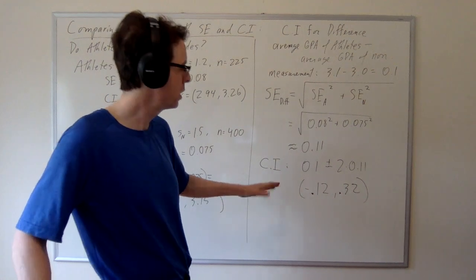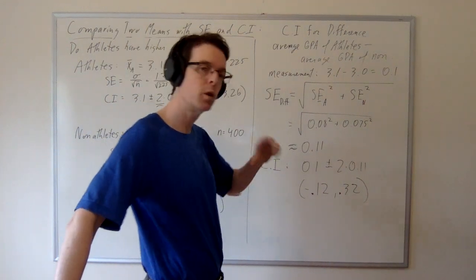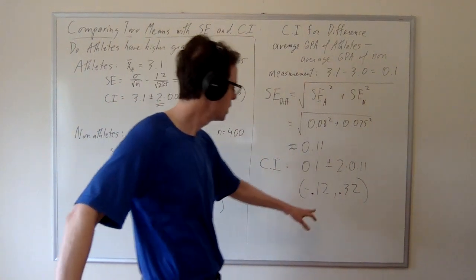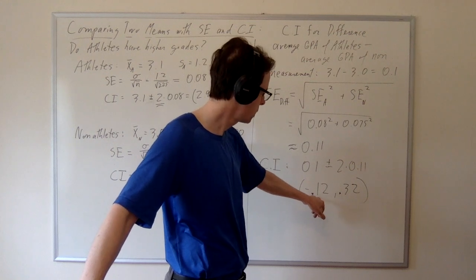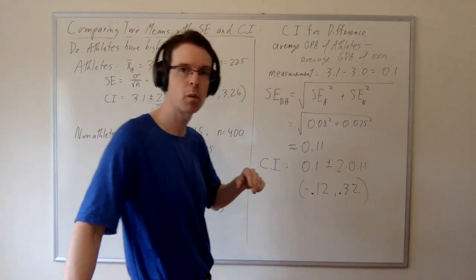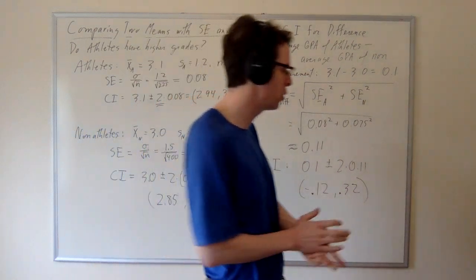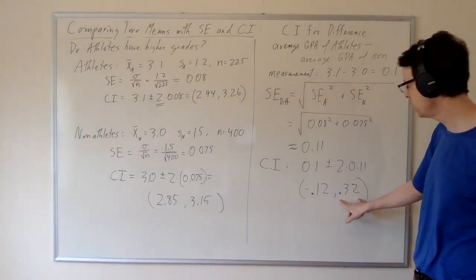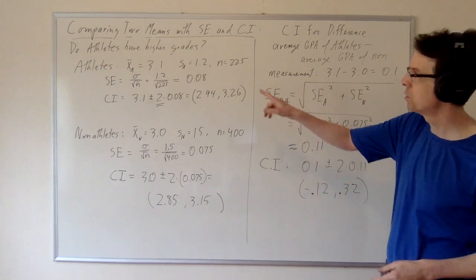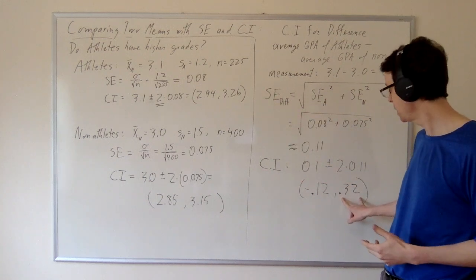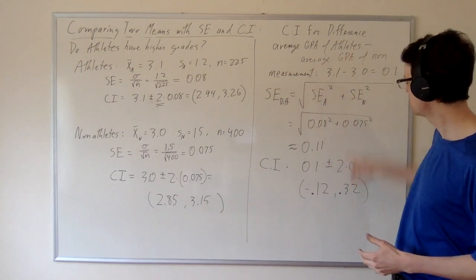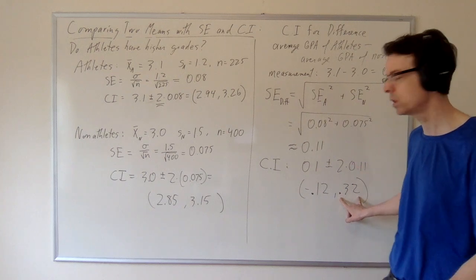The true answer for the difference between them is somewhere in the range minus 0.12 and positive 0.32. So what we're saying here is it could be as extreme as the athletes are better in terms of GPA by 0.32, right? If the difference was positive 0.32, that would mean the athletes were doing better.